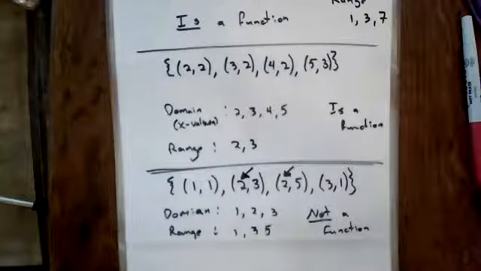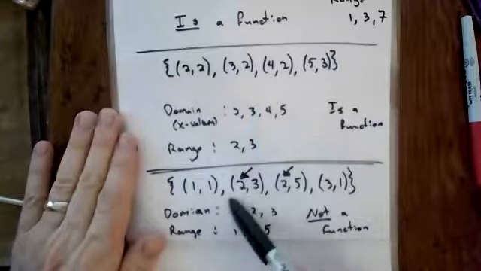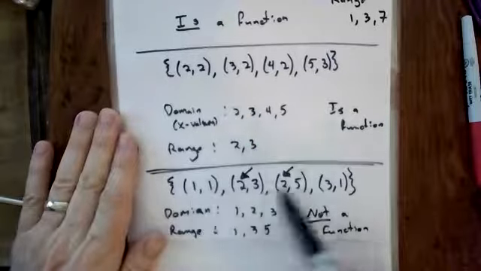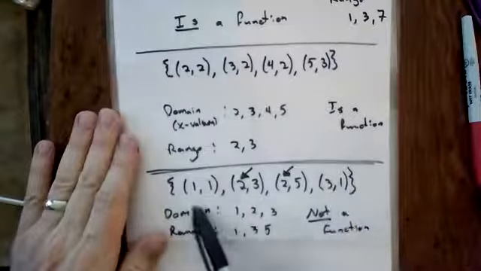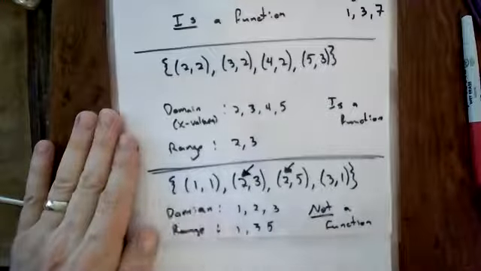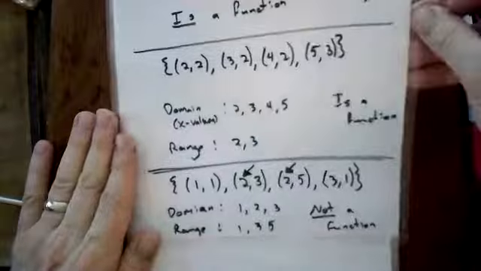This is what these relationships look like in what we call set notation. But the other thing you're going to see is these listed on a graph. I'm going to pull out my graph paper. We have what we call the vertical line test.